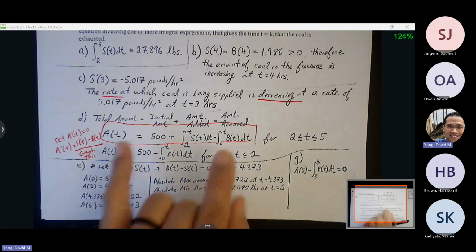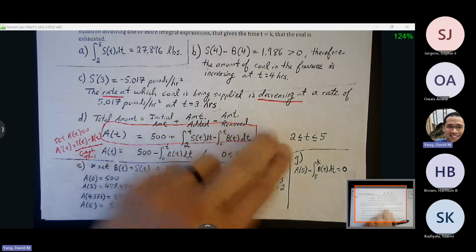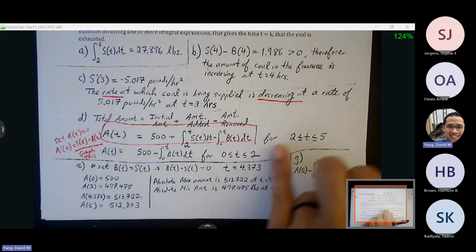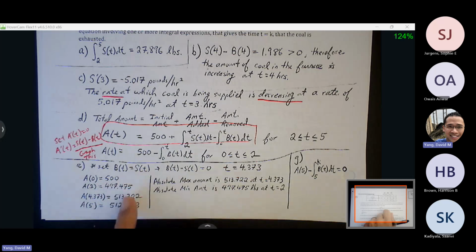Plug into A of T and see which one is the highest and lowest values. And also we want to test A of 2 since there's a split at 2 here. So we want to consider A of 2 as well. So we test 0, 2, 4.37, and 5, all into the respective piecewise functions.